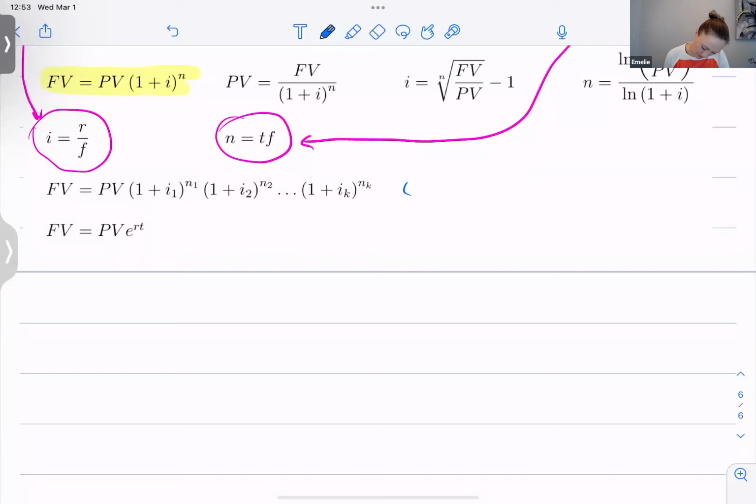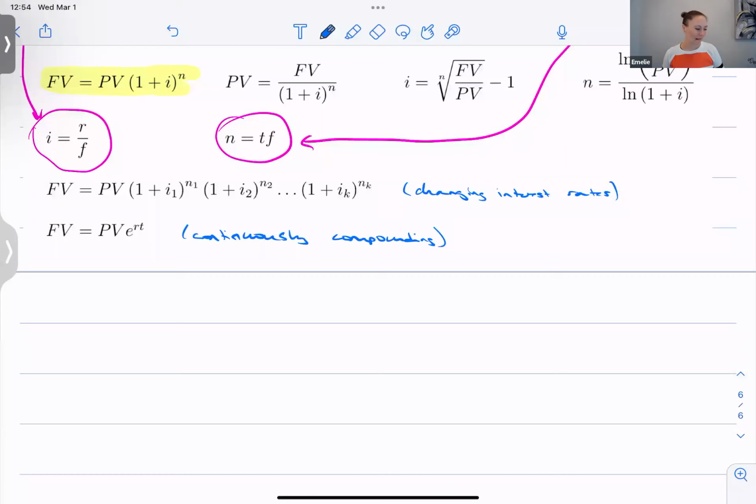This is for changing interest rates, and this is for continuously compounding. I can't remember what sections those are in, but it's at the end of chapter 5, so don't worry about them for now.